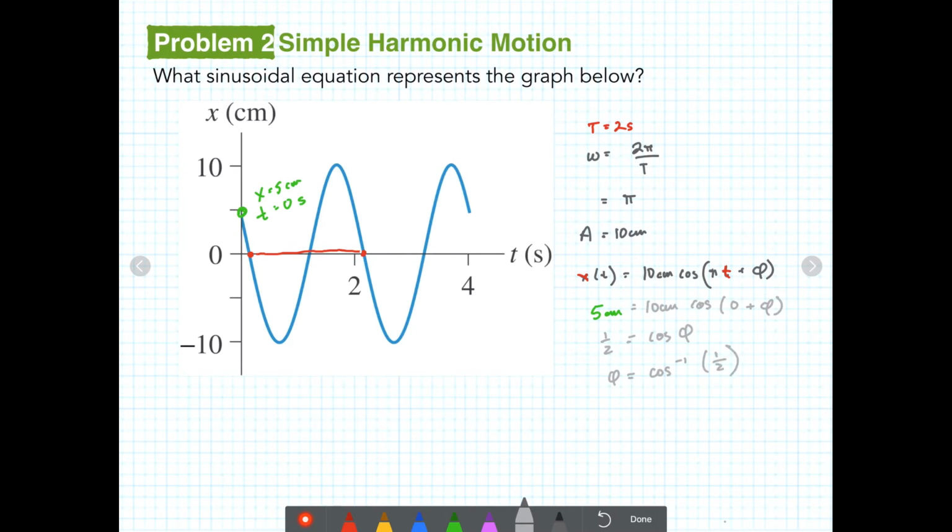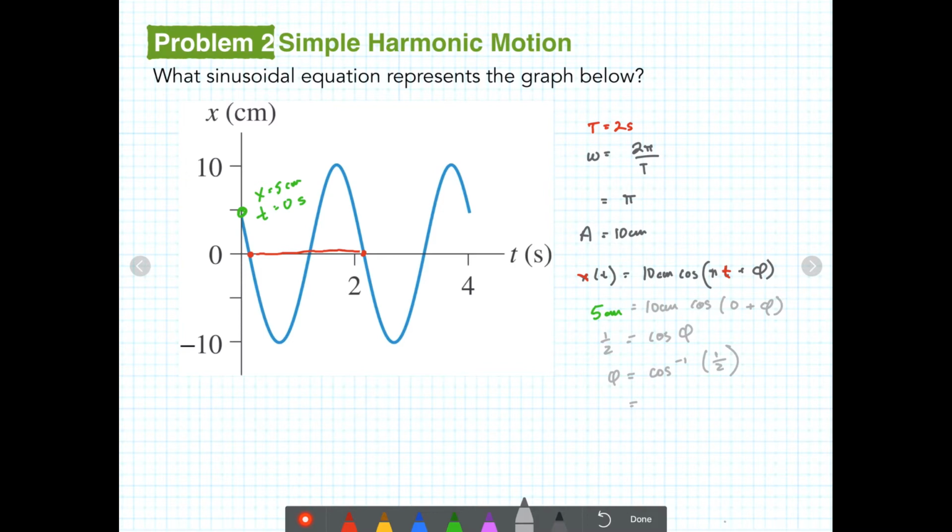Well, cosine inverse of 1/2, that's going to give you something that we should recognize, okay? And I'll give you a second to plug that into your calculator. Cosine of 1/2 is something that's easy to calculate, and if you don't remember it, you always have the calculator.